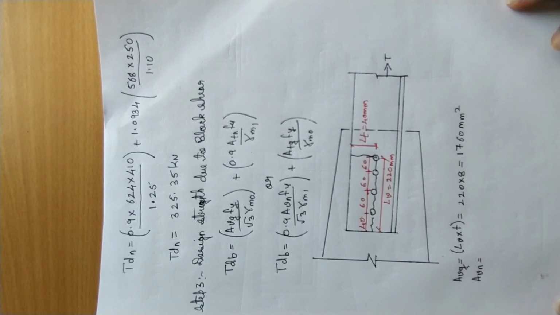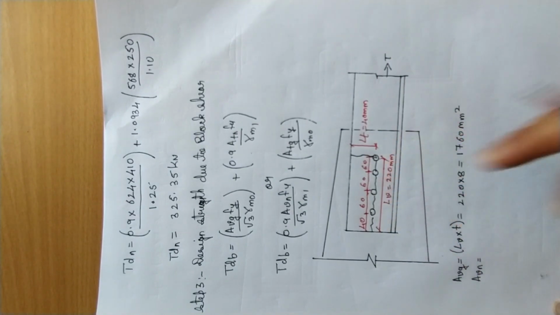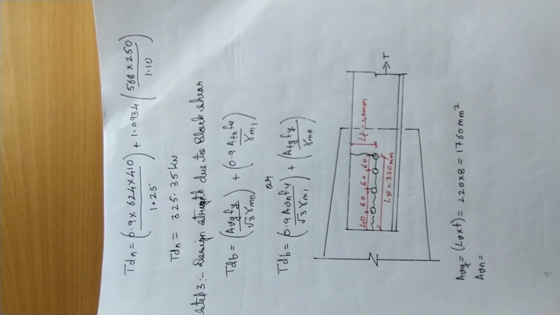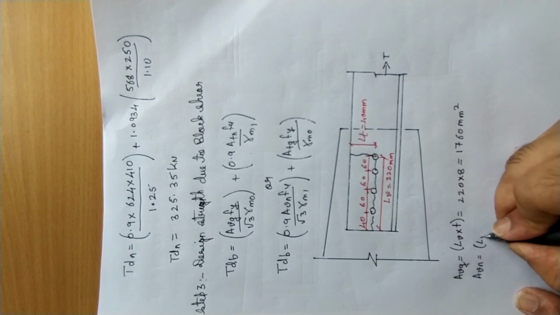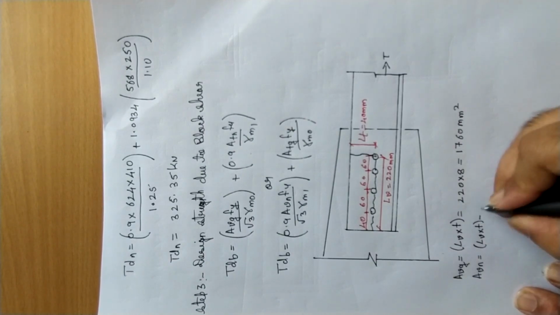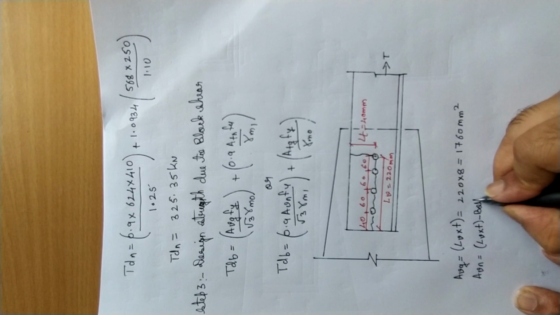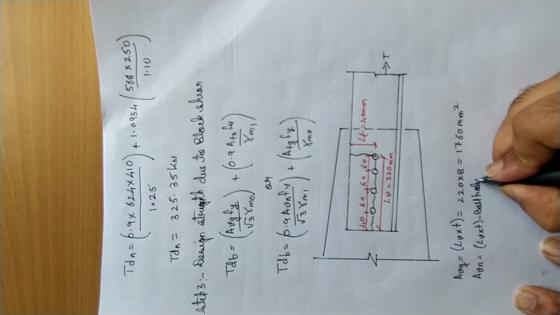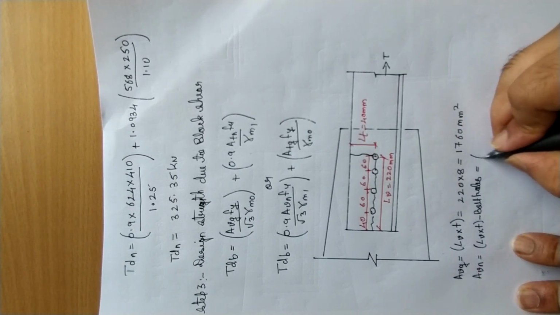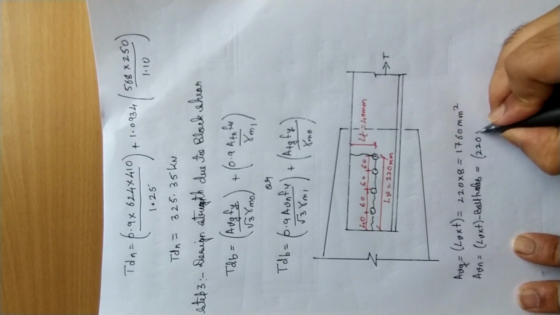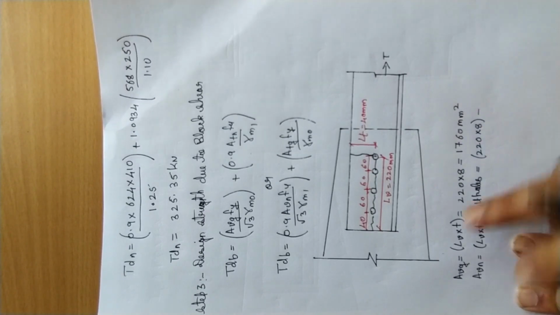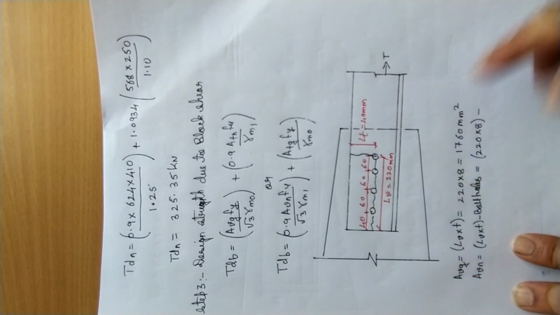Now let us see AVN. AVN is parallel to it. AVN will be LV into T minus bolt holes. So LV into T is 220 into 8 minus the bolt holes. How many bolts are there? Four bolts.